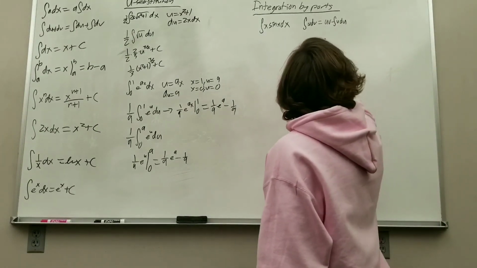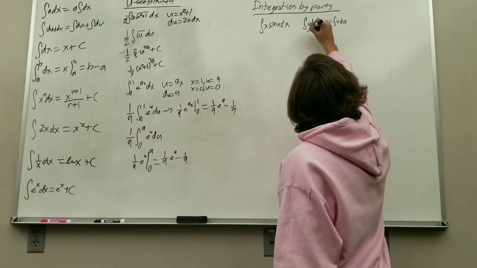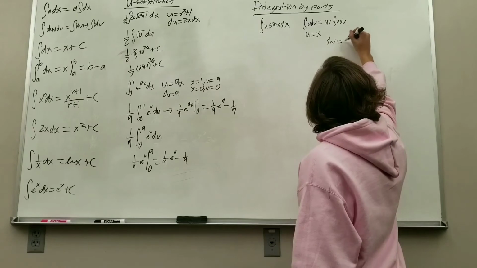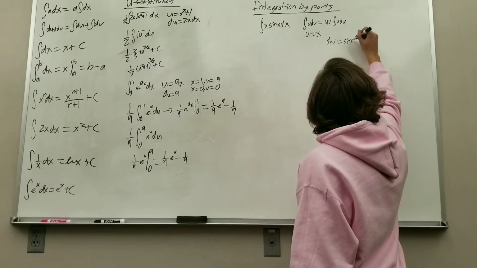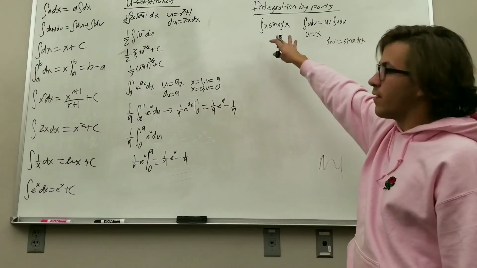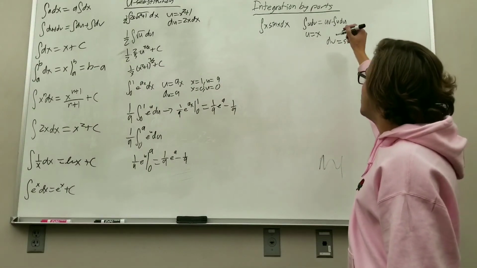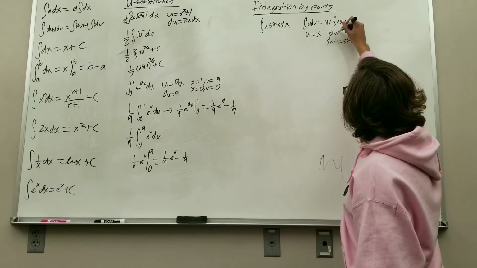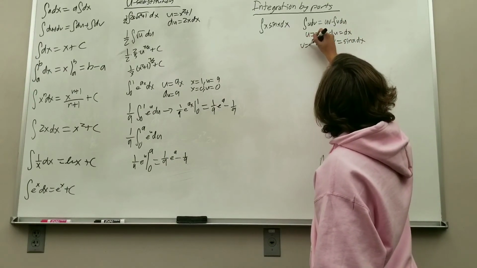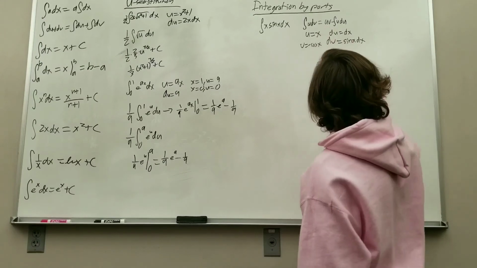And so if we apply this to here, we could set u equal to x and dv equal to sine of x dx. So we grab both those, and now we're going to find du and v. So du is going to be dx, and v is going to be negative cosine of x.